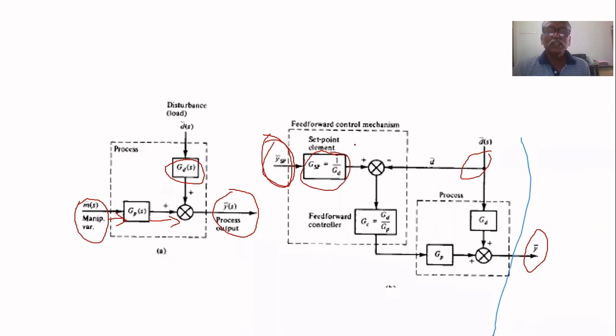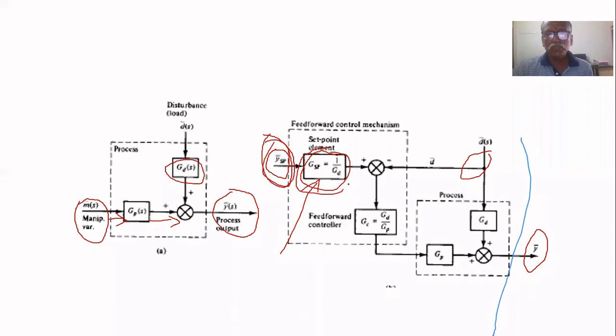So we can think the other way, that this expected output is converted in terms of disturbance. That way also we can look at this controller. That's why in a feed-forward controller, the set point will not be directly subtracted from the measured disturbances.